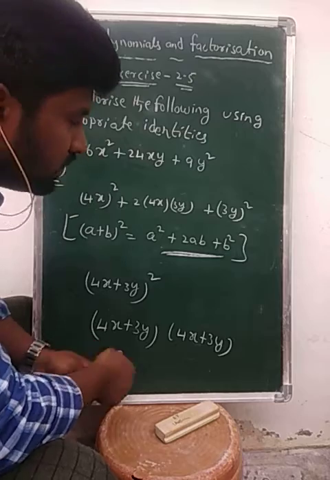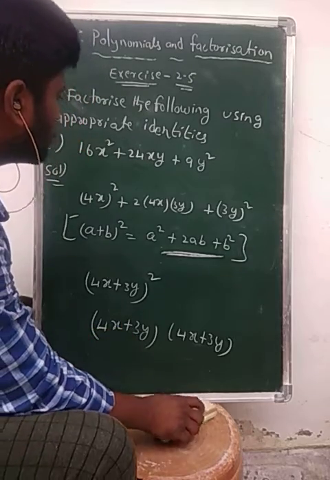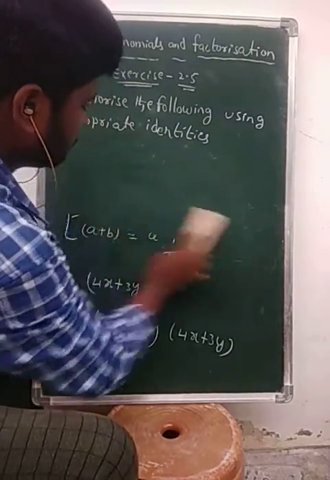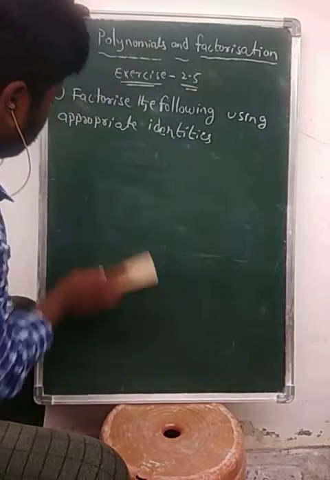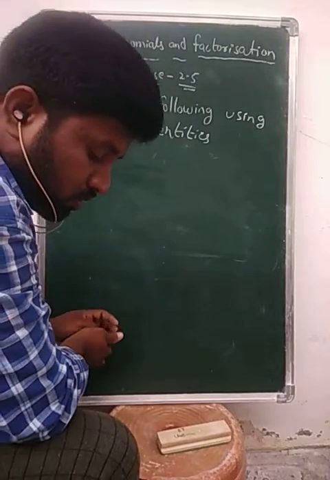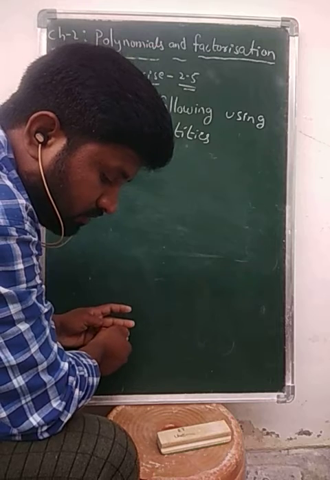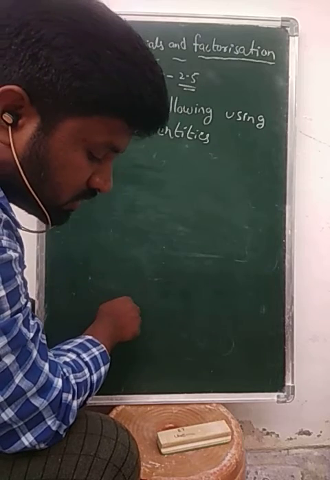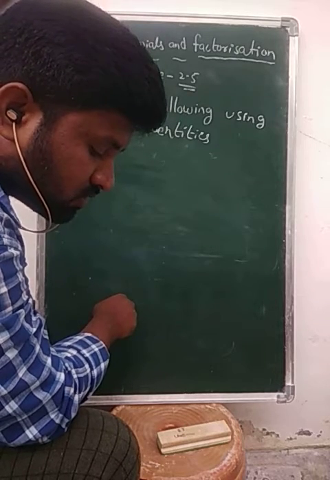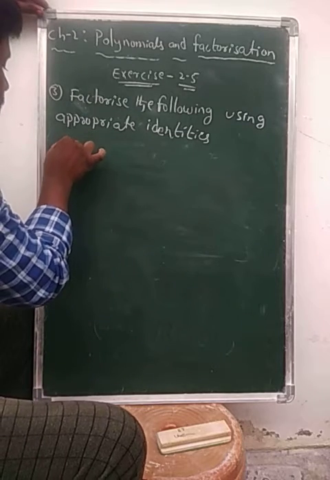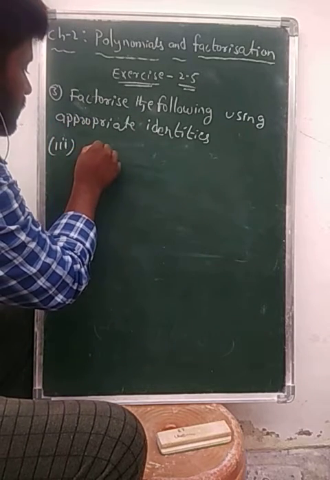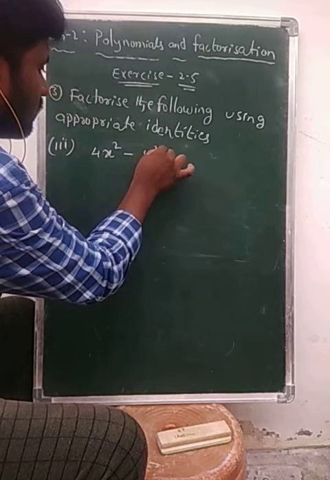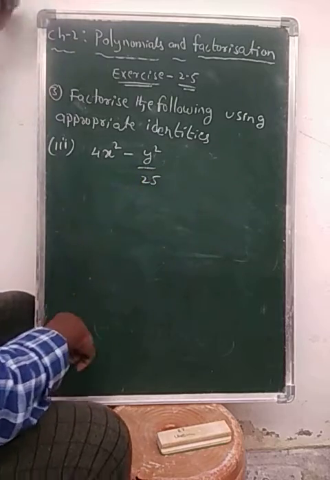Now see, in this exercise one more question. Question number 3, that is 4x square minus y square by 25.